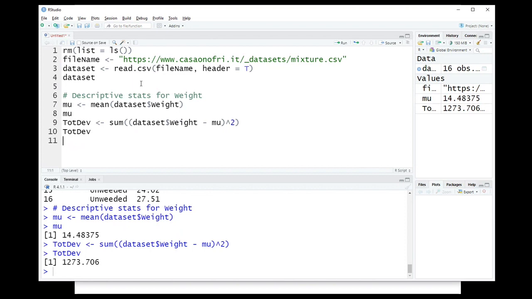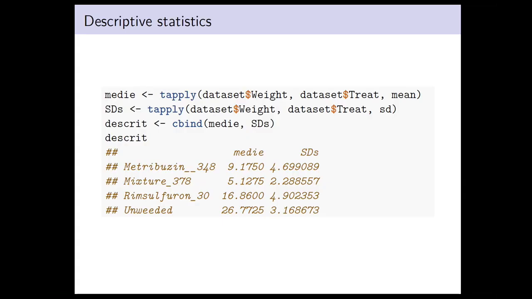Okay, so this is what we need now. We could go ahead and calculate the variance and the standard deviation, but we will not do it now. So far we need this. We need to know the overall mean, and we need to know the total deviance. So we will not look at this slide here, because this is what we did yesterday.